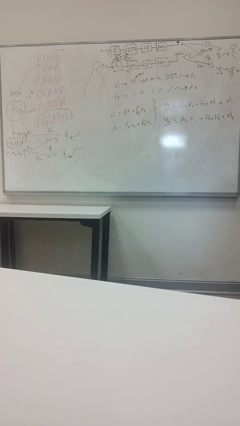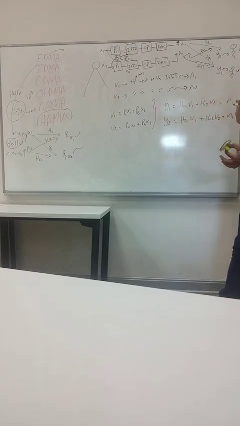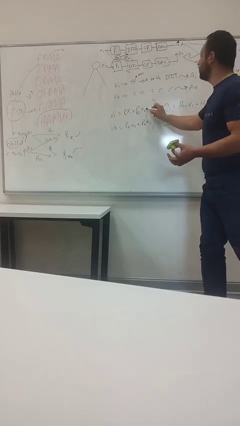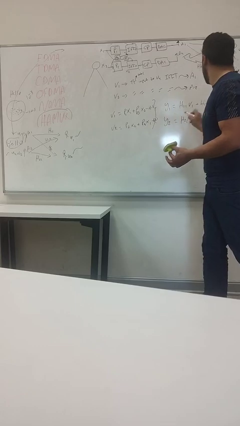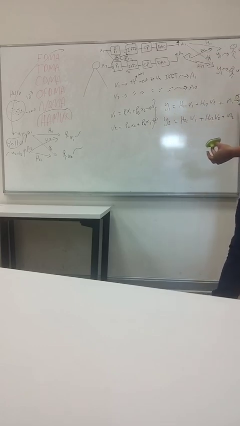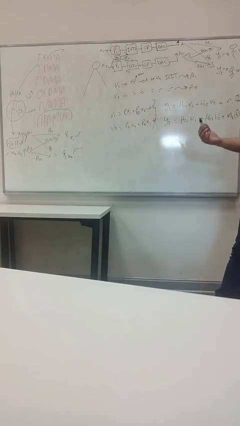So we got these two equations. What do we do now? We substitute the values of V1 and V2 into these equations. If we give this equation name 1, this is 2, this is 3, this is 4, we substitute the values of V1 and V2, which are in equations 1 and 2, into 3 and 4.